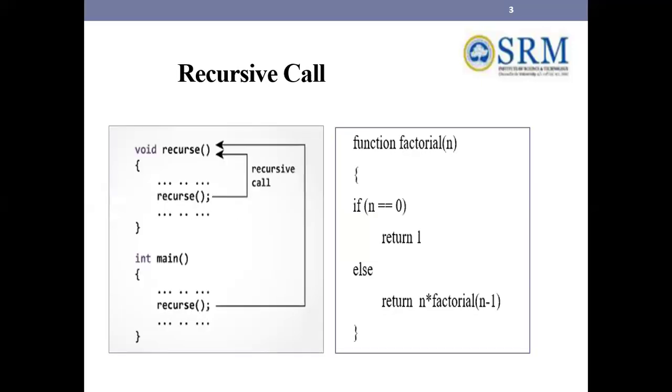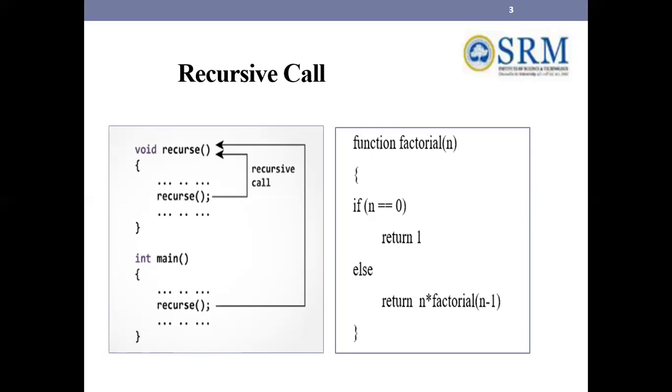And we will see the structure of a recursive call. So there's a main function. Within the main function, there is a function call recurse. Here, recurse is a function call statement. It calls the function recurse. So within recurse, there's a function call recurse.